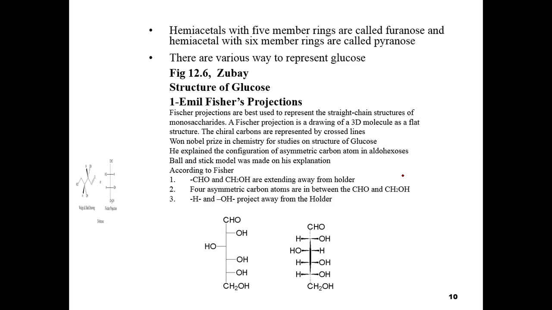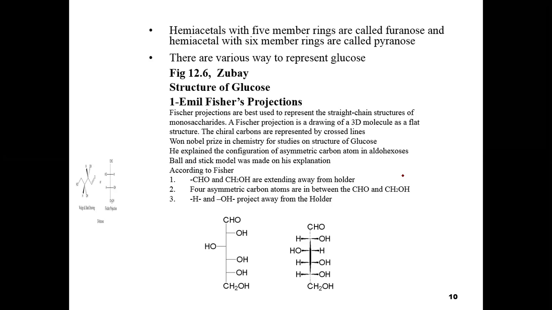The Fischer structure is best used to represent the straight chain structure of the monosaccharides, and its 3D diagram, the molecule diagram, as a flat structure is very important. He explained the configuration of the asymmetric carbon atoms in the aldoses, and on the basis of its projections, a ball and stick model was made for the explanation of the glucose structure.